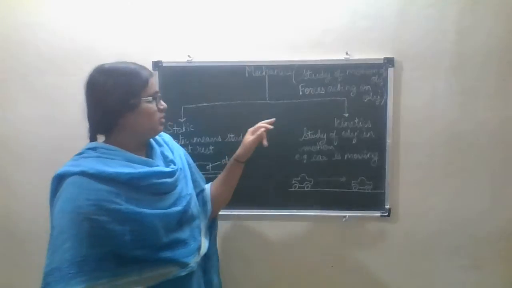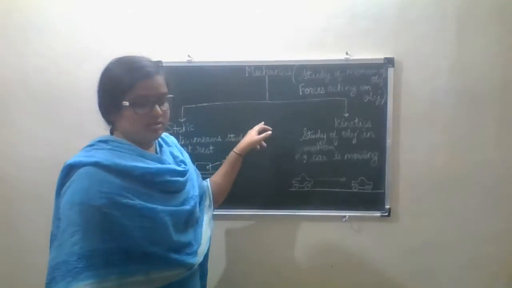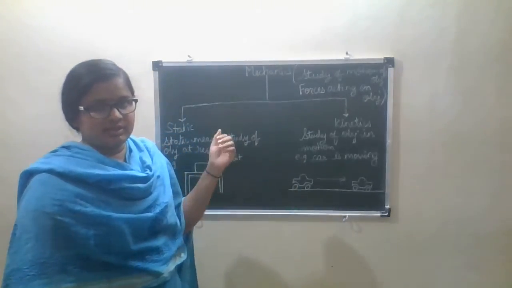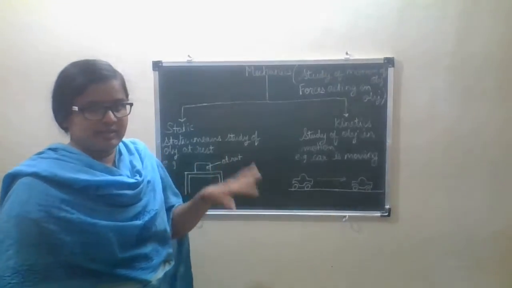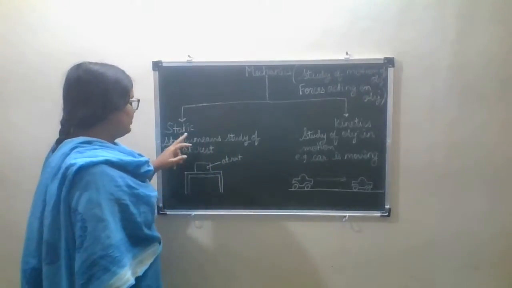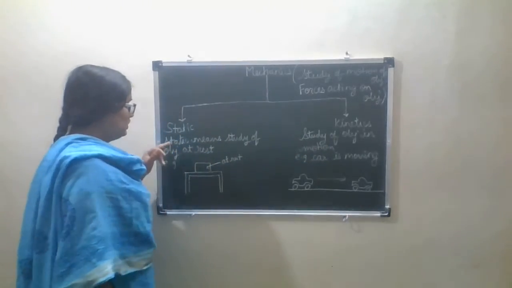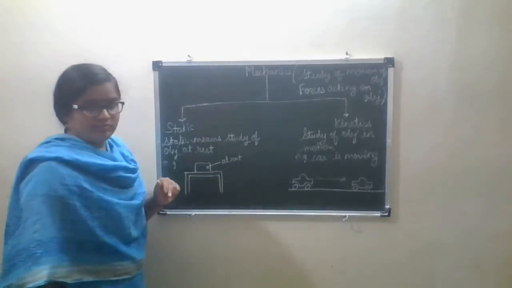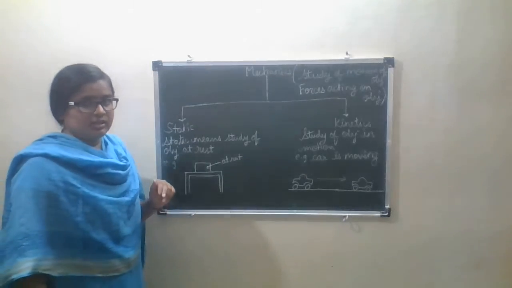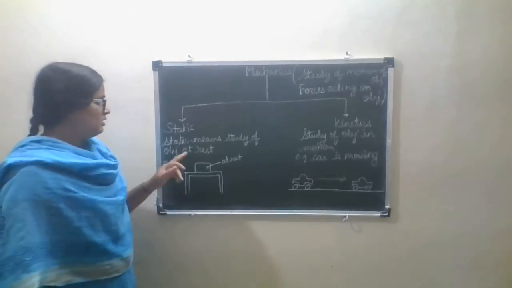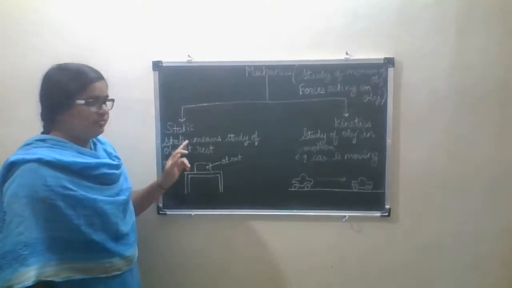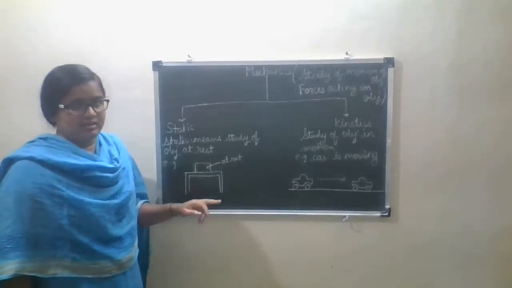Okay, so in mechanics there are two types. First is statics and kinetics. What do you mean by statics? Statics means the study of an object which is at rest.